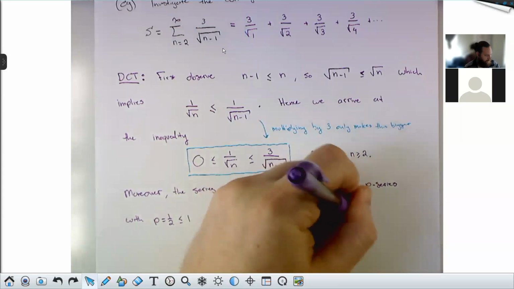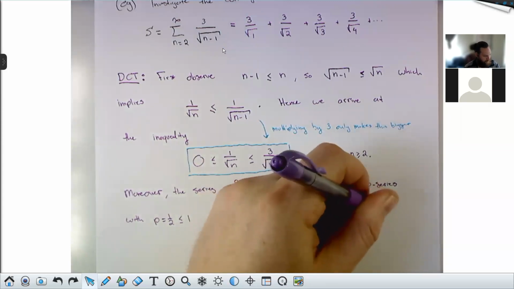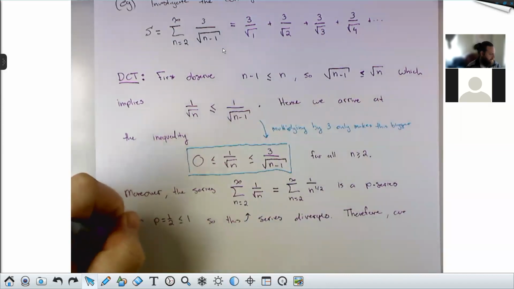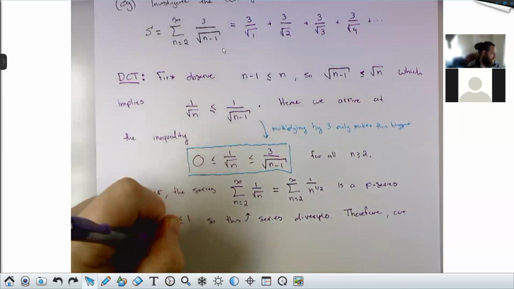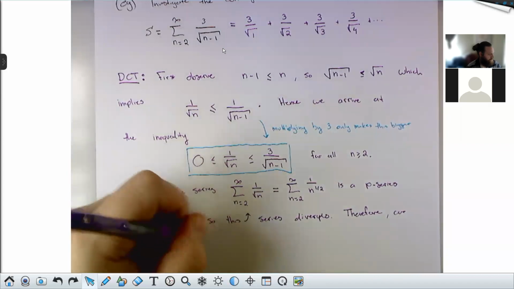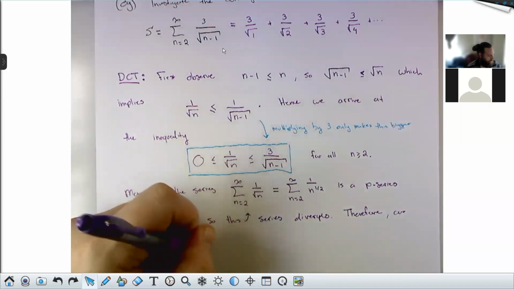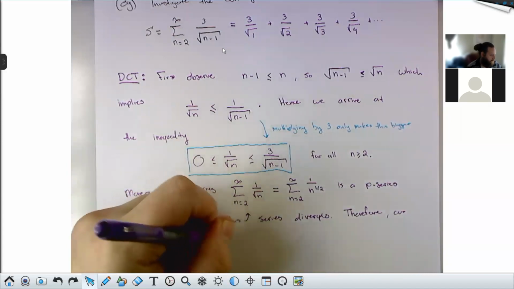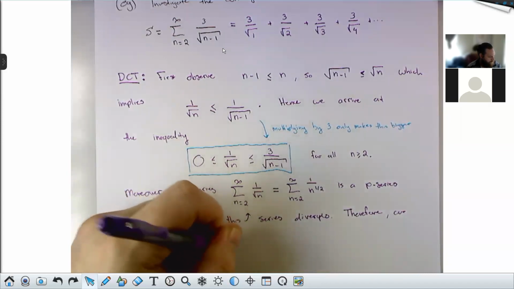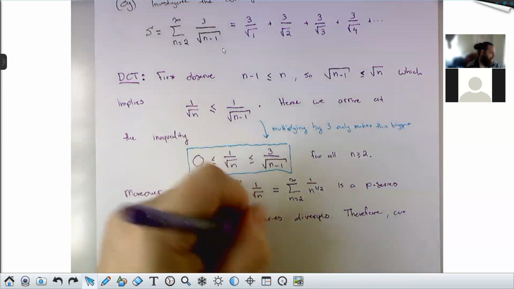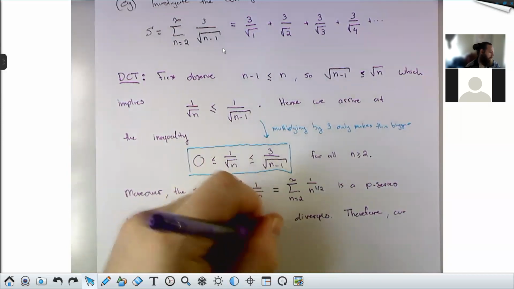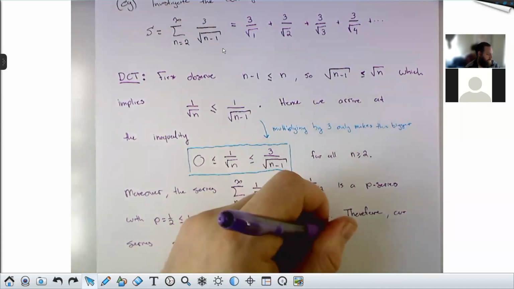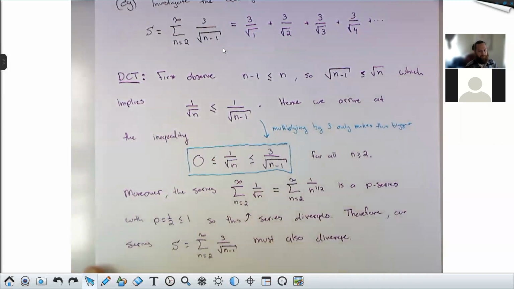Therefore, our series S equals sigma n from 2 to infinity 3 over the square root of n minus 1 must also converge.